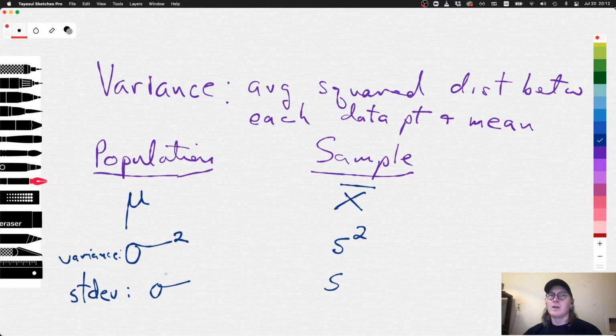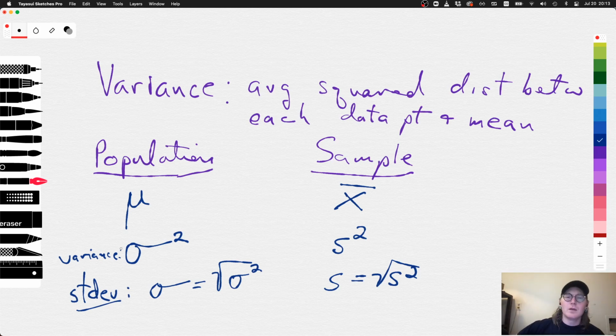How do you get from s squared to s? Well, that's easy. That's just the square root of s squared. How do you get from sigma squared to sigma? That is just the square root of sigma squared. So it'll be really easy to get the standard deviation if we know the variance.